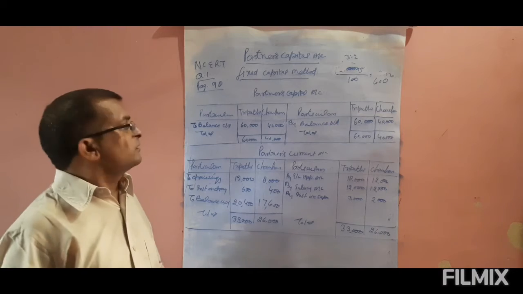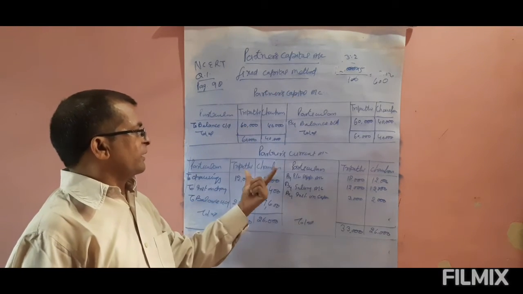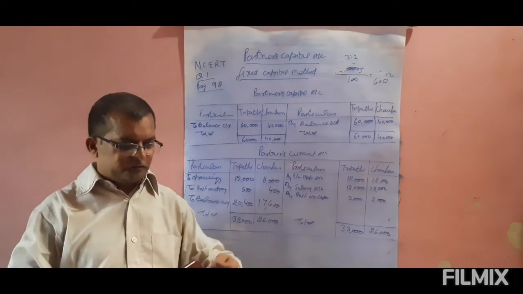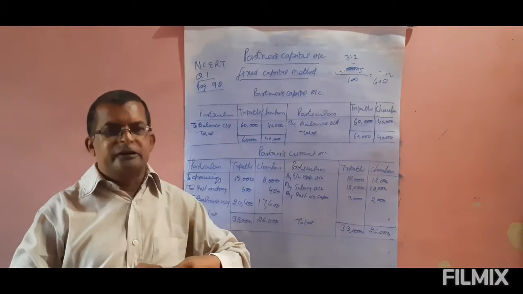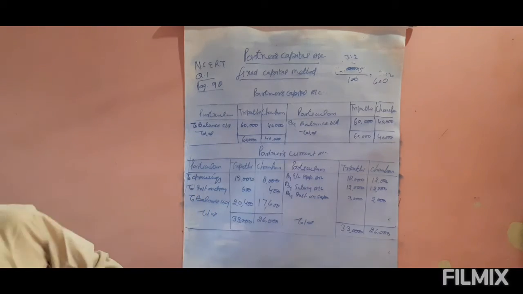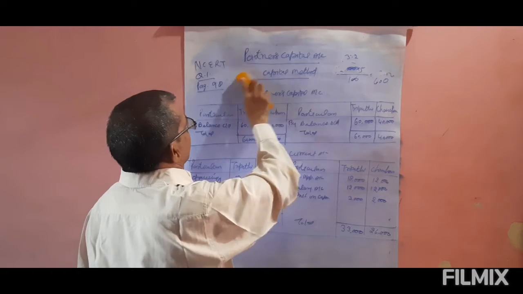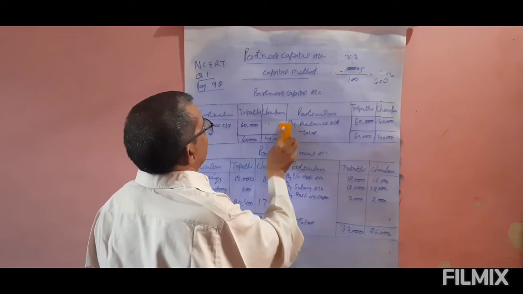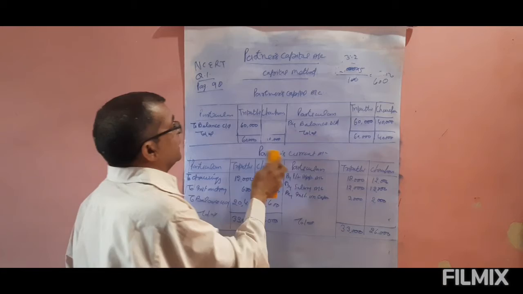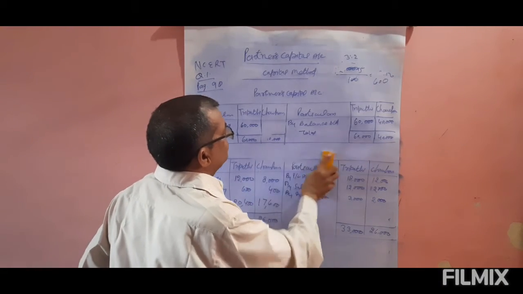So in this method, two accounts are prepared: partner's capital account and partner's current account. Now I again solve this question's second method, that is the fluctuating capital method. Now again we solve this method, and there is no need of the current account.